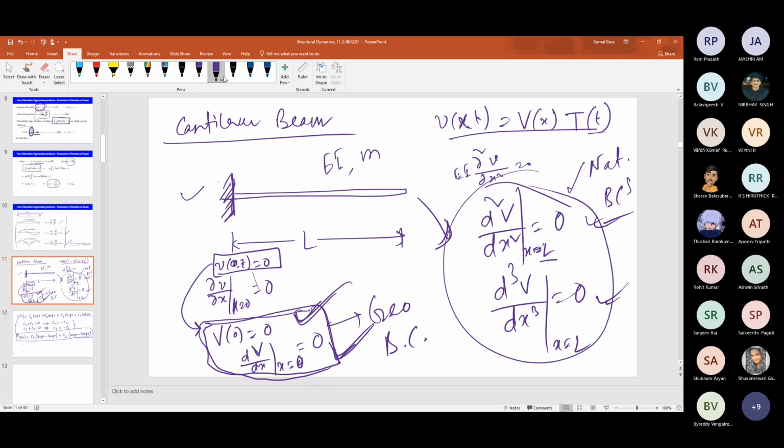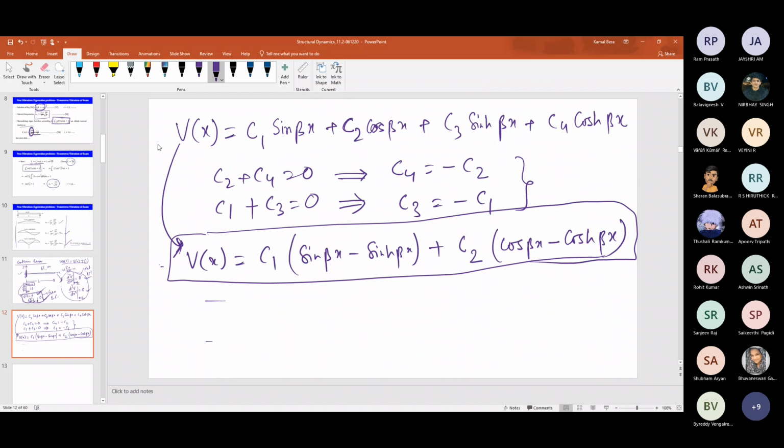Evaluated at x equals L. Remember, because this is at x equals L, x equals 0 here, x equals L, if this is your x axis and this is your vertical y axis. Apply those in this equation and tell me what two expressions you are getting.